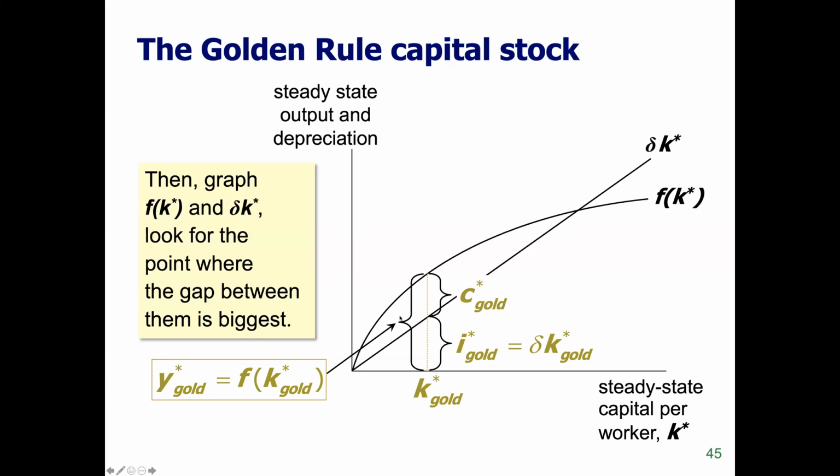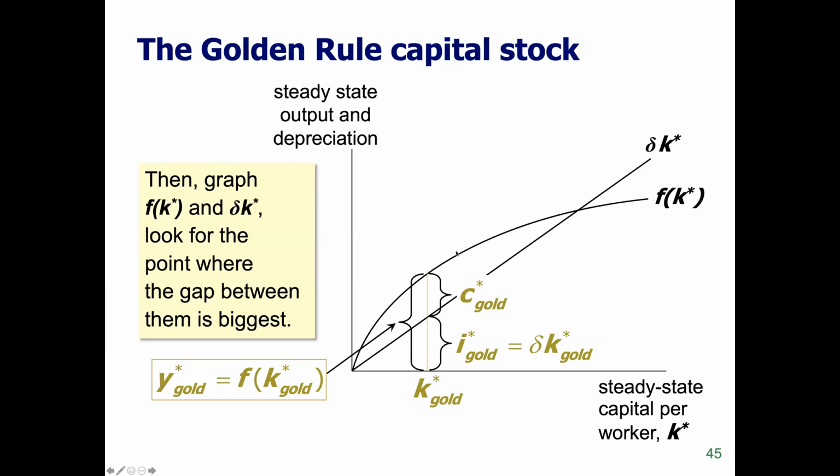Well, if you look really closely, we'll see this in the slides and more explicitly in a minute. But if you look at this picture, you see here the gap is widening because the slope of f of k star, that is f prime of k star, is higher than the slope of delta k star.